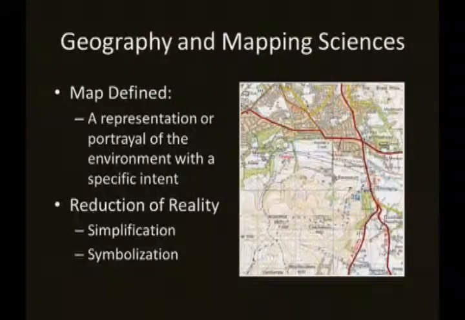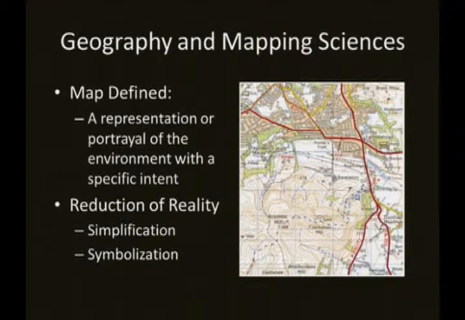So if we look at it, we can see that maps provide a reduction of reality, that simplify things so that we can see the things that are the most important to us. So we know it's a simplification of reality and a symbolization of reality. If we look at this map here that we have in the picture, we notice that it's essentially a topographic map. Right? It shows topography, the surface of the landscape. And it's a very particular map.